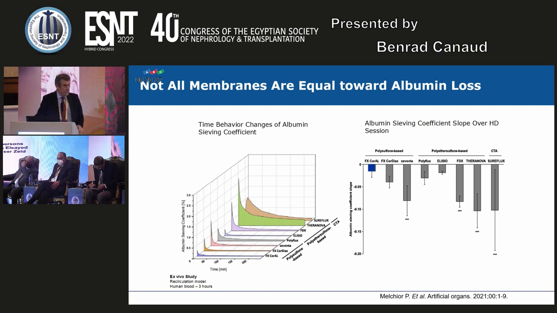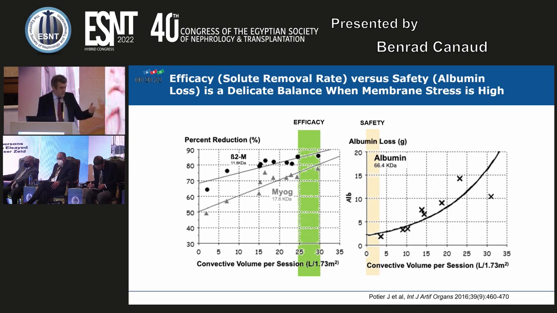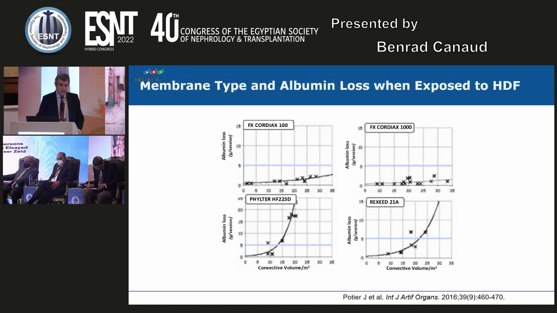So if you prevent that, you can reduce the risk of albumin loss. Also, increasing the efficacy on the left side exposes the safety risk on the right side, which is increasing albumin loss. I don't want to say that all the membranes do, but you have to select the right membrane to prevent this albumin loss.